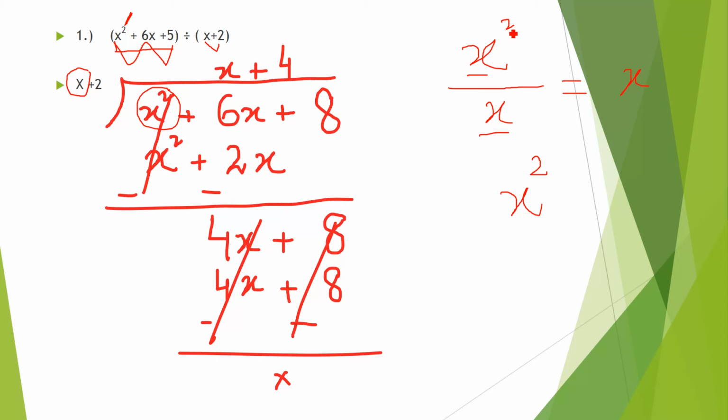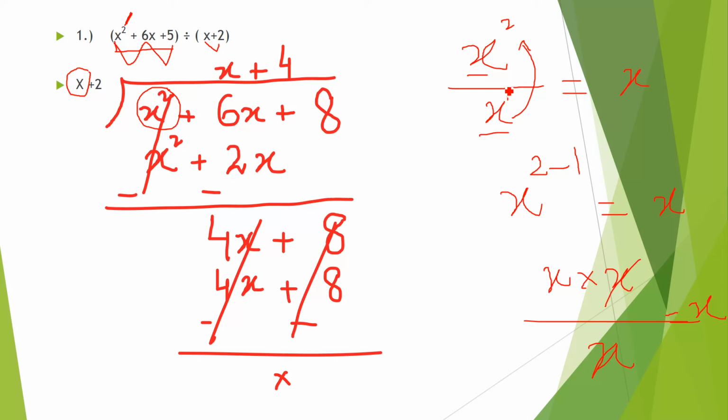So this is x square in the numerator and the denominator does not have any exponent, it means 1. When it goes to the numerator, the sign will change. It is positive 1, it will be negative. So 2 minus 1 exponent equals x. Another way is, you have x square in the numerator and 1x in the denominator. x will cancel out, and then only 1x is remaining here.